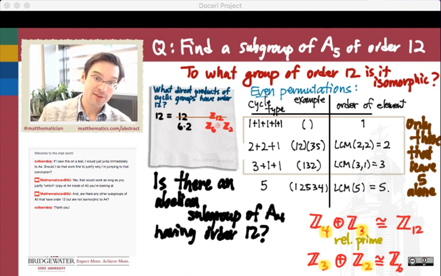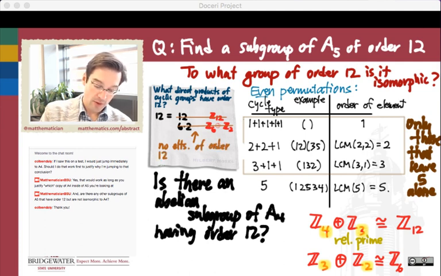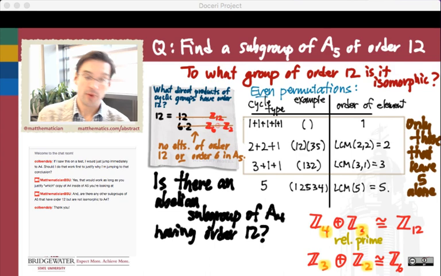And therefore, it's not possible for any subgroup of A5 to be isomorphic to Z6 direct product Z2 either. So because there are no elements of order 12 or order 6 in A5, neither of these two is possible.